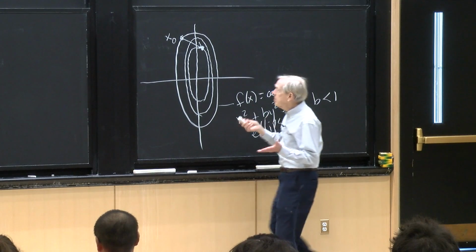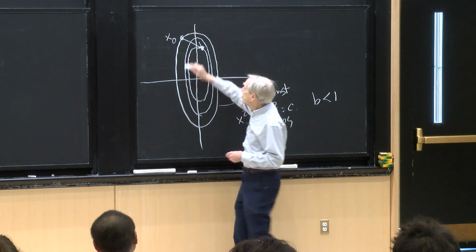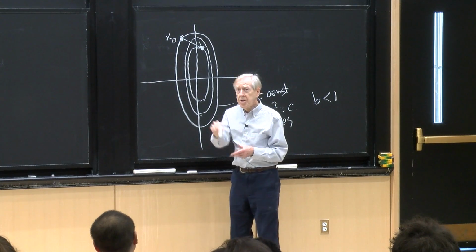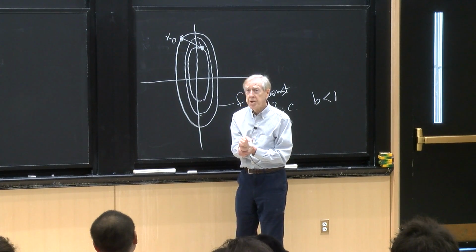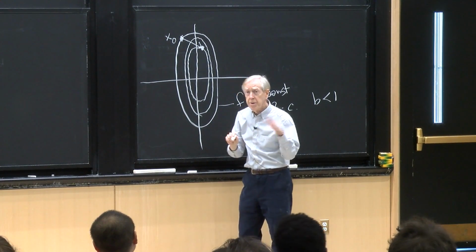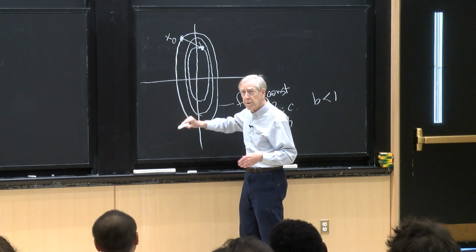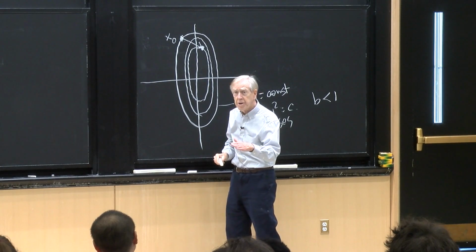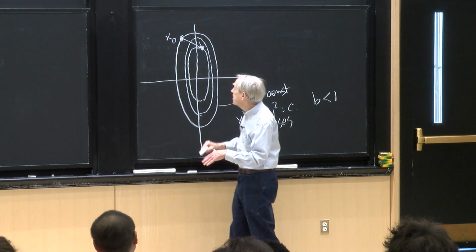And now what's the picture? You start with a point x0 and you descend in the steepest direction. So the steepest direction is perpendicular to the level set, right? Perpendicular to the ellipse. So you go down, down, down, you're passing through more ellipses, more ellipses, more ellipses.